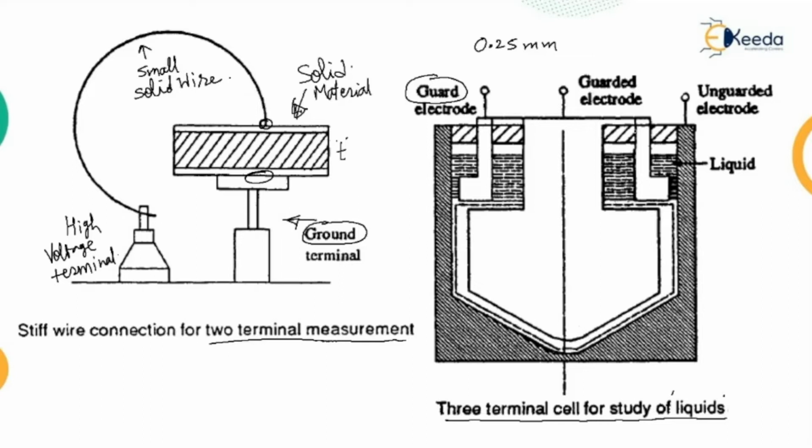So this is one kind of three-terminal cell for study of liquids, where we have a guarded electrode and unguarded electrode, and here the liquid which is to be tested is placed.